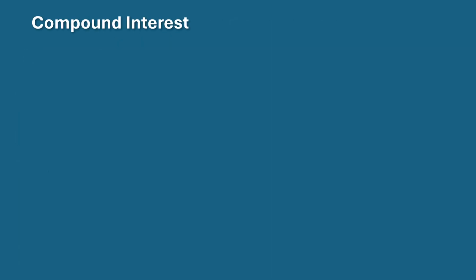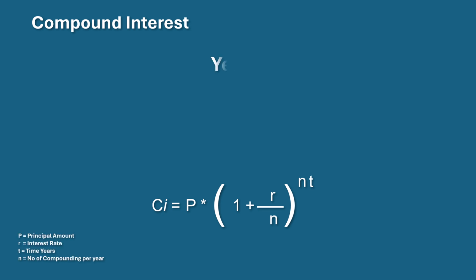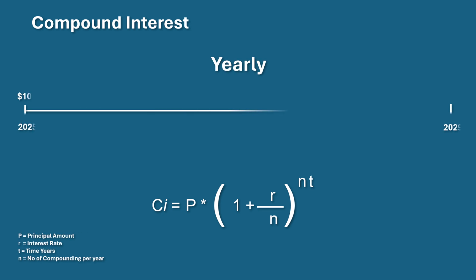The formula for compound interest, as we already discussed, is compound interest amount equals principal amount multiplied by open bracket 1 plus rate of interest divided by number of compounding periods per year, close bracket, raised to the power of number of compounding periods per year multiplied by time in years. If compounding is yearly, it means the interest rate is applied fully once a year.